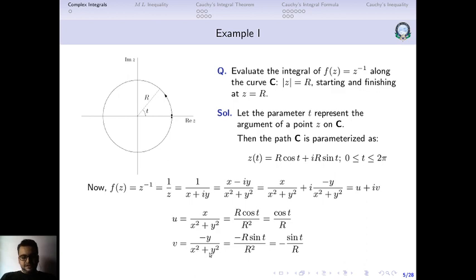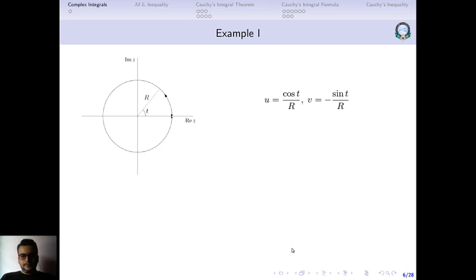So x square plus y square is r square, gives us sin t by r. Okay, so u is equal to cos t by r, and v is equal to minus sin t by r, and z is equal to r cos t plus i r sin t. So dz is equal to, just differentiate this one. Differentiation of cos is minus sine, and differentiation of sine is cos. So dz is equal to r into minus sin t plus i cos t into dt.